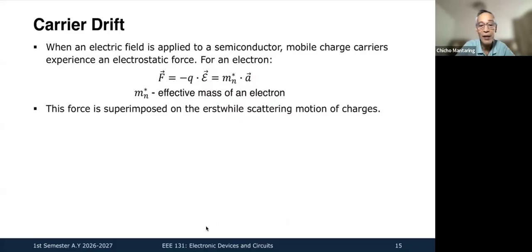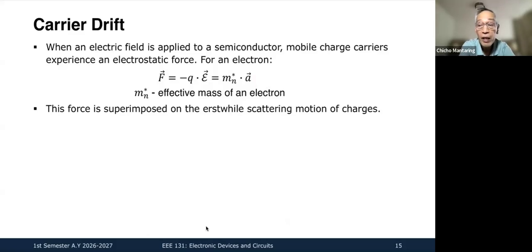Okay, so let me just try to refresh you. At room temperature, if you take a look inside your semiconductor, your charges and your nuclei and your atoms will not be stationary. They will be vibrating.